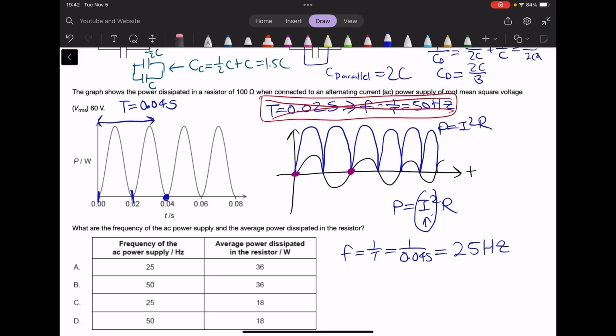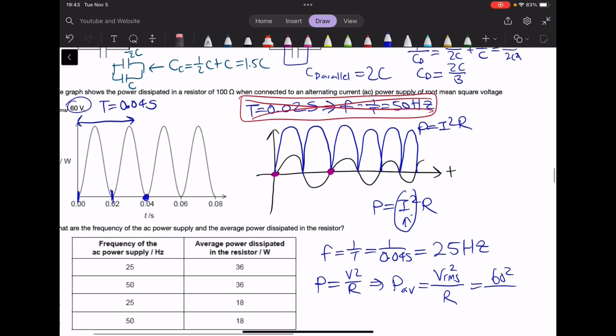And we want to calculate the average power. So power is equal to V squared over R, where V is voltage and R is resistance. This gives us average power is equal to the RMS value of voltage squared over R. And we know that the RMS value of voltage is 60 volt. So 60 squared over resistance, which is 100.